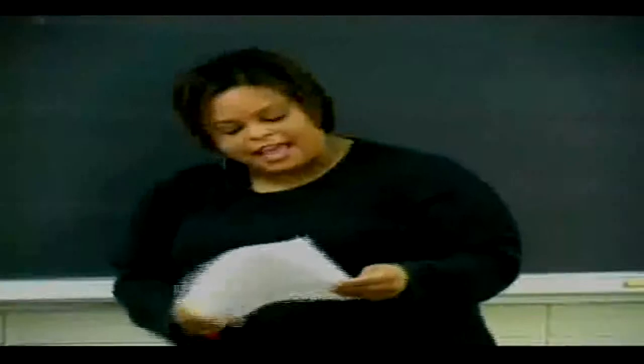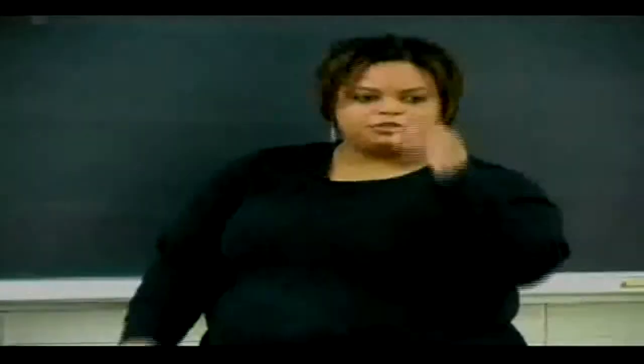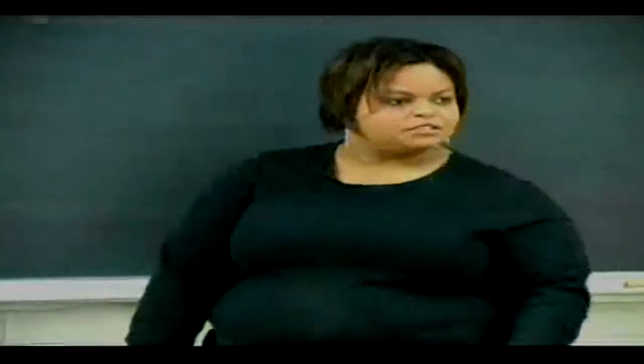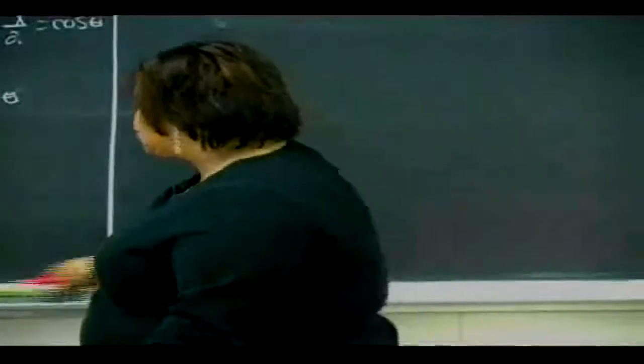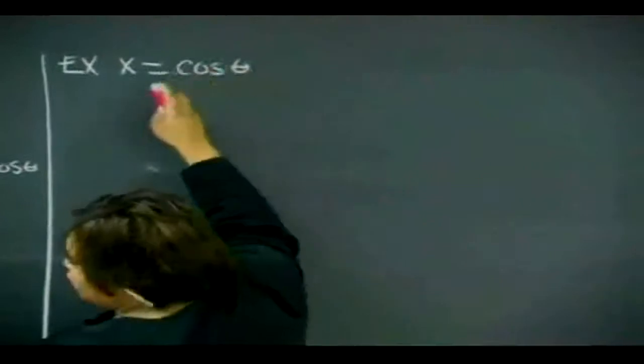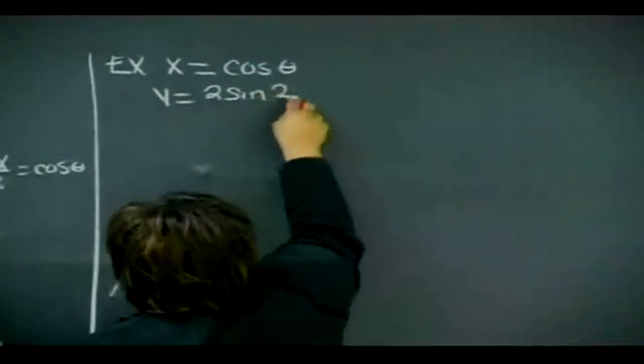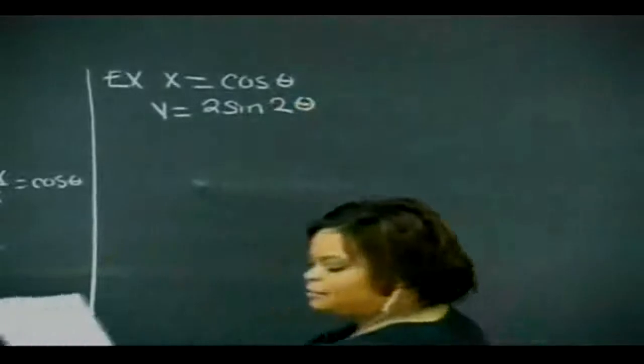So I may have to use some trigonometric substitution. Let's look at another one where I may have to use some trigonometric substitution. x equals cosine theta, y equals 2 sine 2 theta.